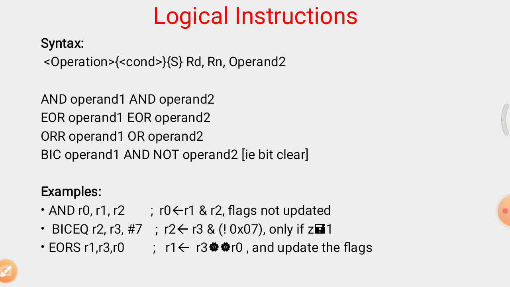That is, we have added EQ, that is why it will check Z. EORS R1, R3, R0. EOR is an exclusive OR operation between R3 and R0, and the value is loaded into R1, and this instruction is going to update the flags as we have used the suffix S.